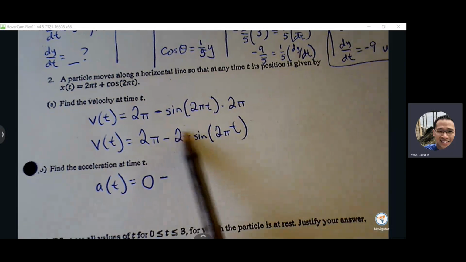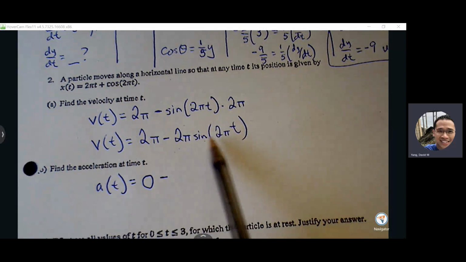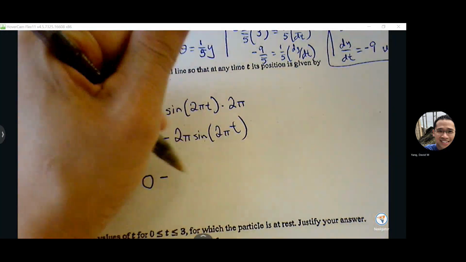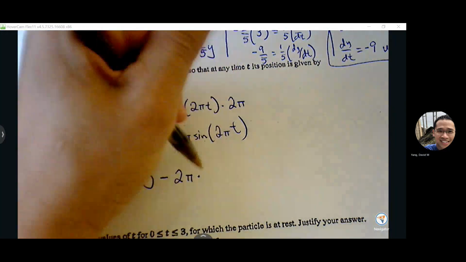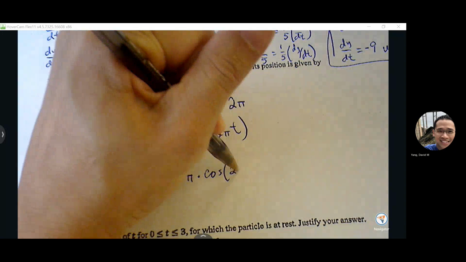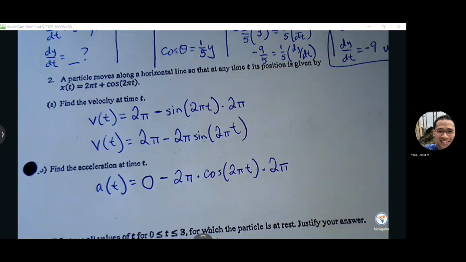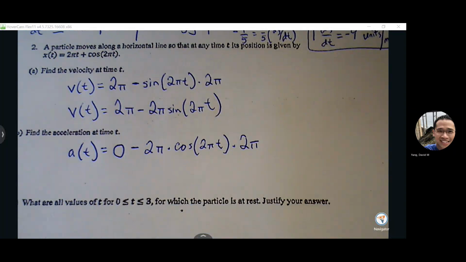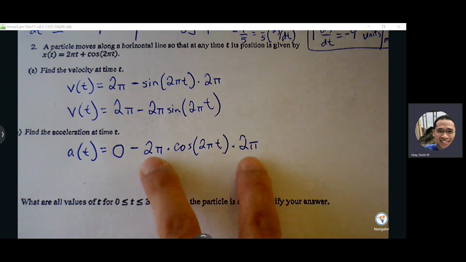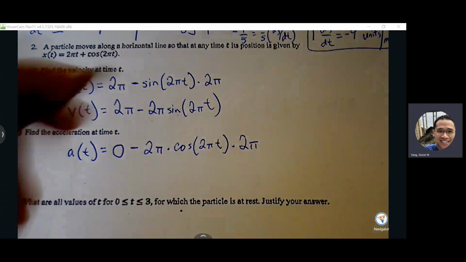So we'll just let that 2 pi hang out and just find the sine's derivative, which is cosine of u times u prime. These are both outside my cosine, so I can move these together and combine those.